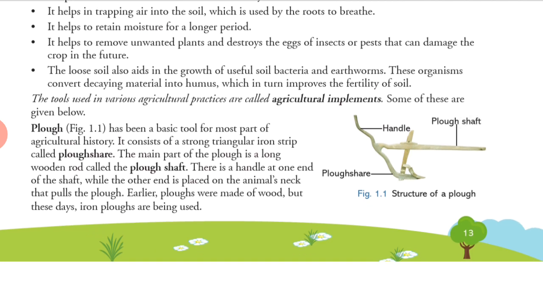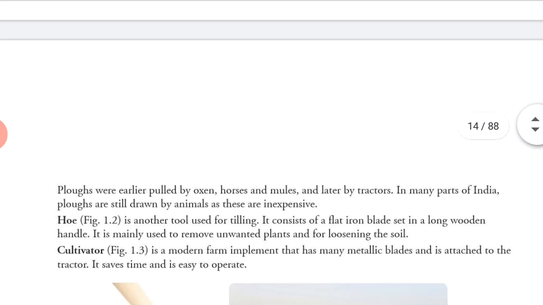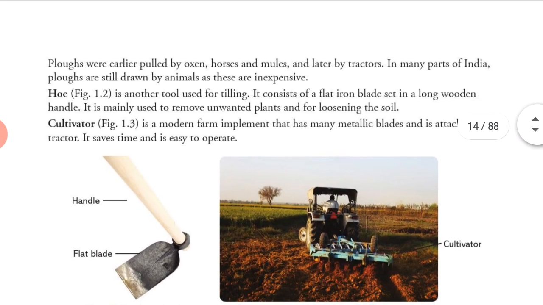Plows were earlier pulled by oxen, horses, and mules, and later by tractors. You can see in the picture also. In many parts of India, plows are still drawn by animals as they are inexpensive.